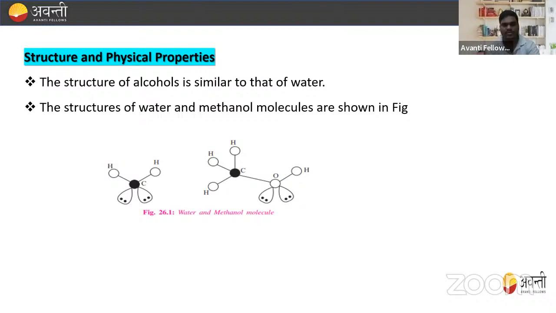As you can see on the screen, both contain two lone pairs of electrons. This is the structure of water, and this is the structure of alcohol, like CH3CH2OH. Both contain two lone pairs on oxygen. In ethanol also we have oxygen with two lone pairs, right?